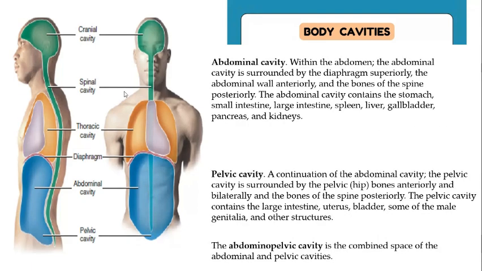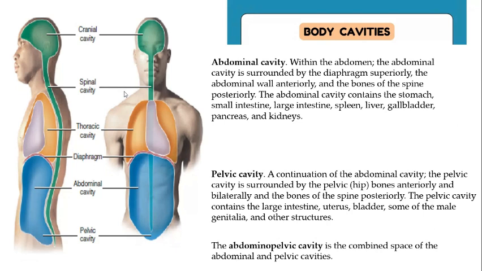Another part of the ventral cavity is the abdominopelvic cavity. This abdominopelvic cavity is a combination of the abdominal cavity and the pelvic cavity itself. As we can see here, the abdominal cavity has the large intestine, spleen, liver, and kidneys, and the pelvic cavity has some of the male genitalia, the large intestine as well, the bladder, and the uterus.